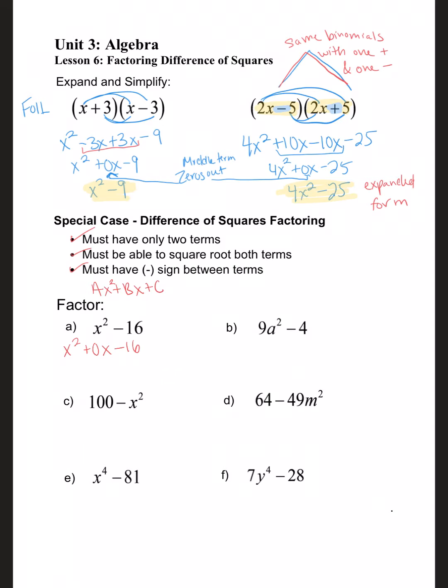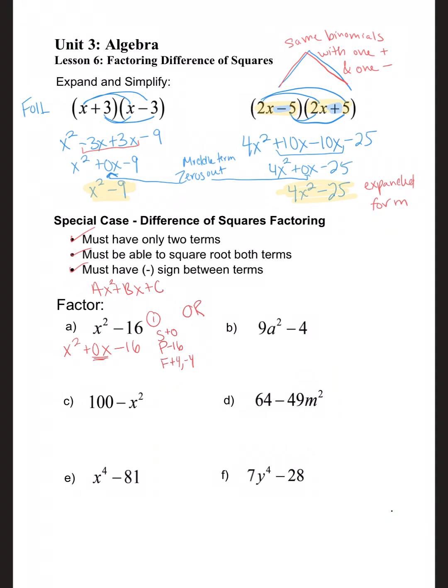Okay, in this case, if I wanted to rewrite it like that, I would just put it as a 0x in the middle because it wasn't represented in the original equation. So if we set that up using SPF, we would need two numbers that add to 0 and multiply to 16. Okay, well those two numbers would be a +4 and a -4, right?